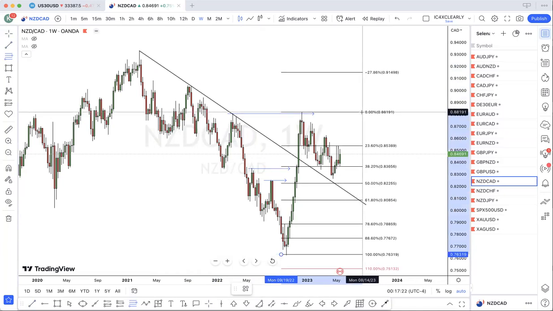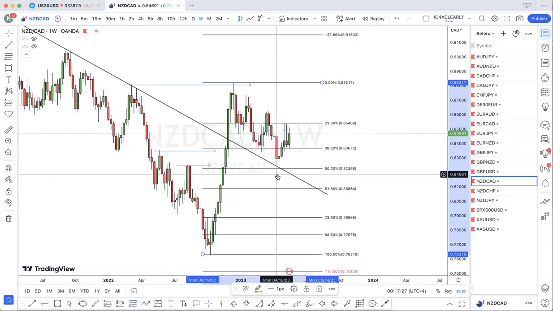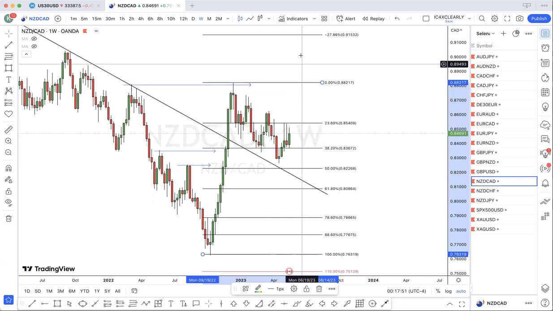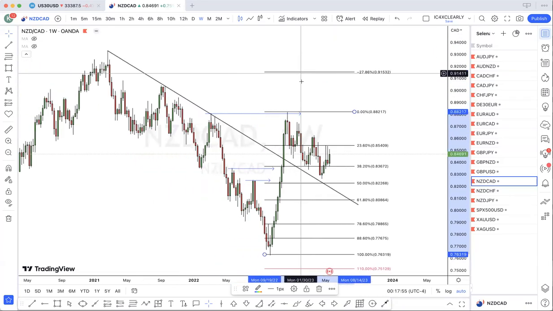Looking like the 38.2. And it has given bullish momentum now based on the weekly. This pulled back pretty much to this trend line and then started giving bullish momentum. So my guess is this buy should be up to at least a negative 27.